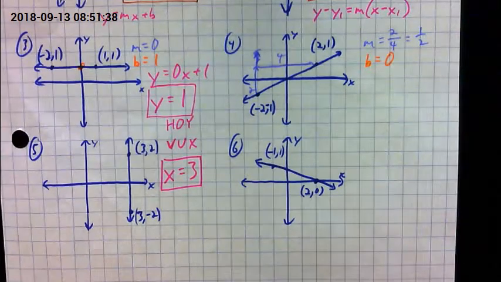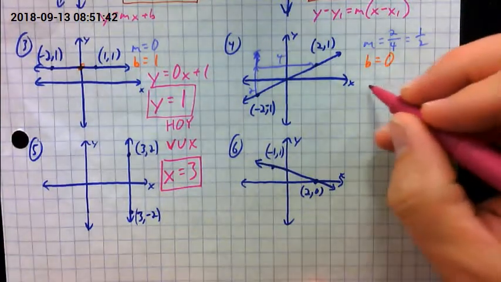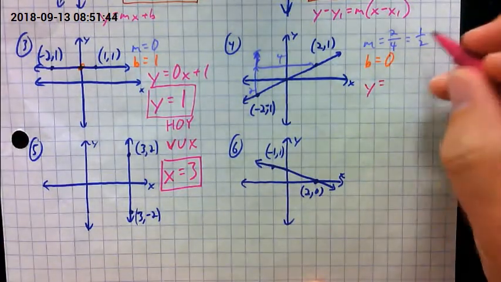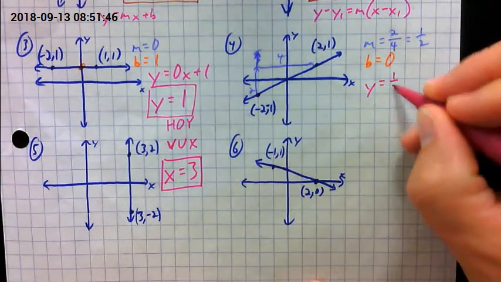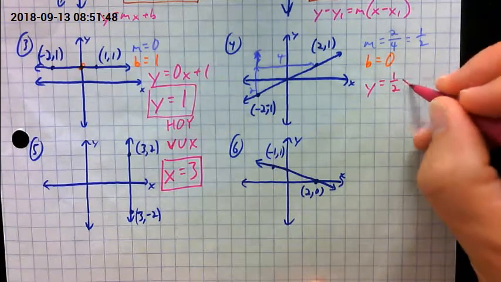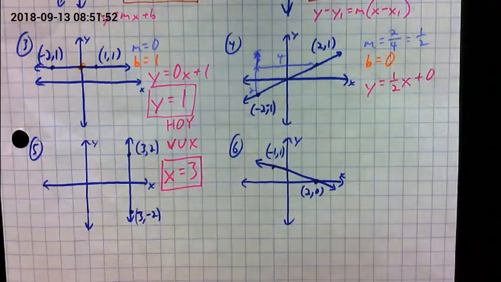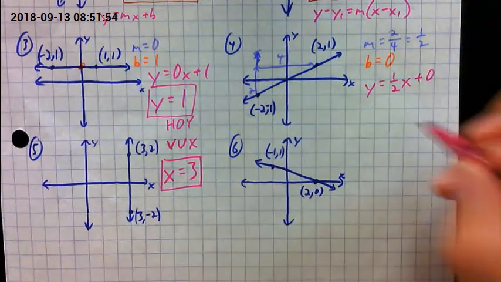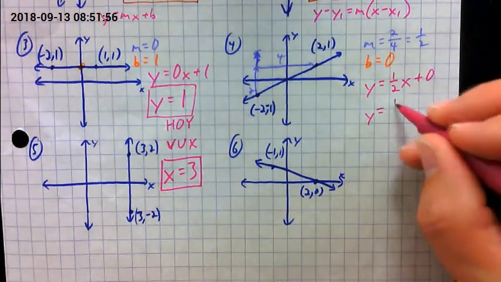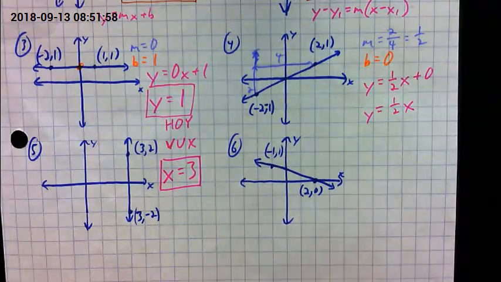So for our equation here, y equals mx plus b, y equals 1/2 x plus 0. Do we need to put the 0? No. So if it's crossing at the origin, we could just write it like that. We don't have to have the y-intercept.